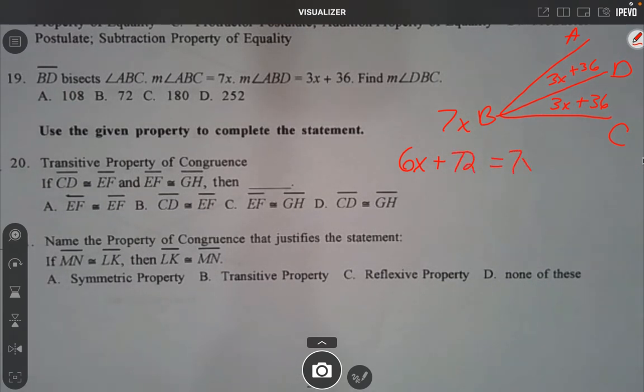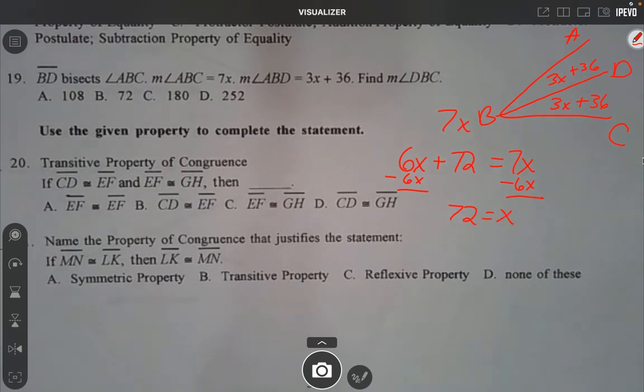And if I add those together, they equal 7x. Is everybody okay with that? That's just angle addition postulate. Then what do I do? Subtract. Subtract what? 6x. Yep, let's move the 6x over here. So x is 72.